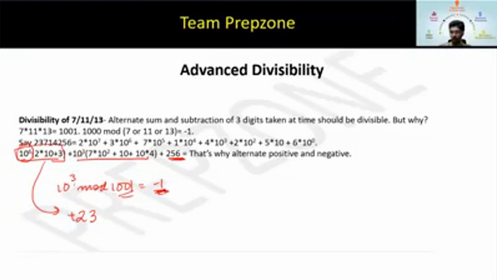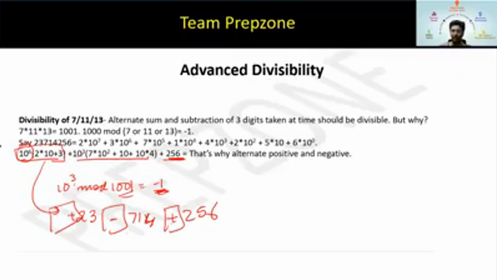Minus 1, right? Hence this part will become negative 714, right? And what about this part? This part is as it is, positive. Now you see positive, negative, positive. That is why you see alternate positive and negative signs.